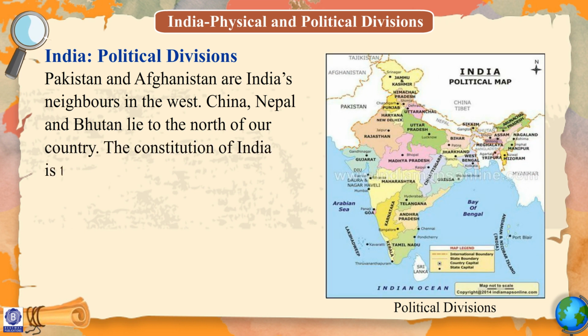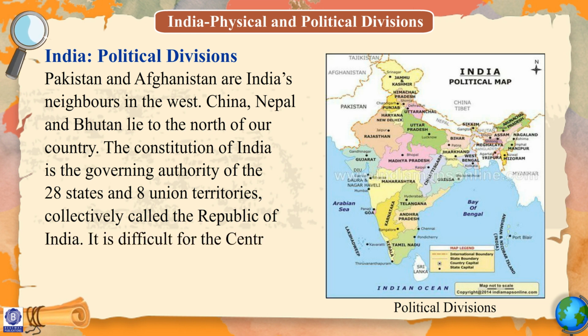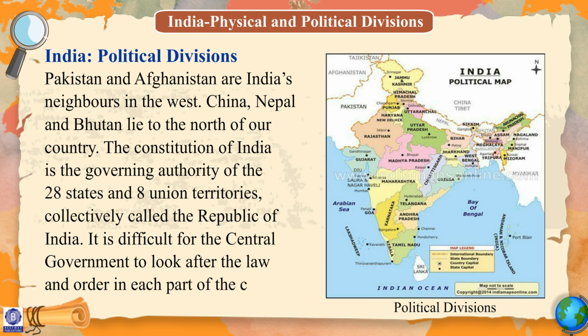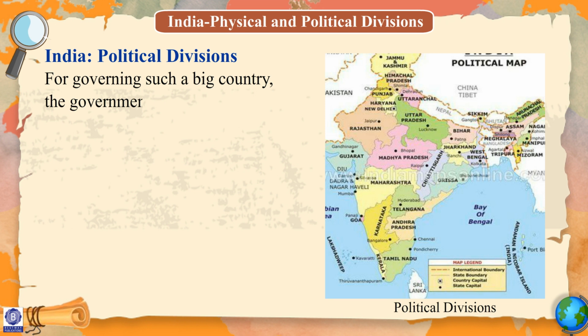The Constitution of India is the governing authority of the 28 states and 8 union territories, collectively called the Republic of India. It is difficult for the central government to look after the law and order in each part of the country. For governing such a big country, the government has been formed at 2 levels.